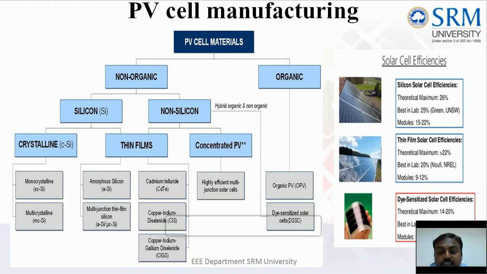Material science and physics people are doing a lot of research in PV cell manufacturing to improve the efficiency. Over the years, a lot of research has happened and papers have been published, and the efficiency is increasing while the cost of the PV cell is reducing.